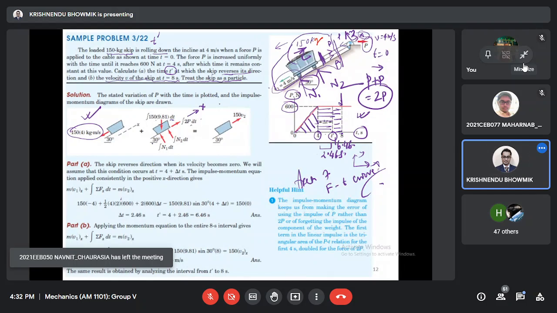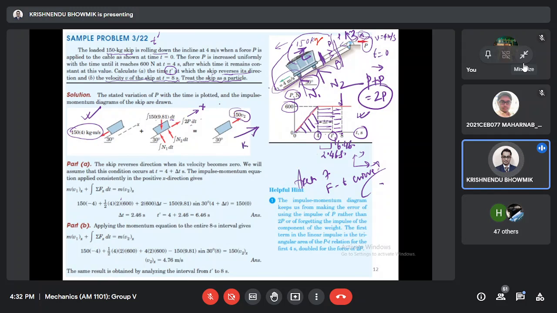Then we are interested, first case velocity equal to 0. Our expression was along these directions, known direction, not value. What we can get is the impulse momentum expression, this.